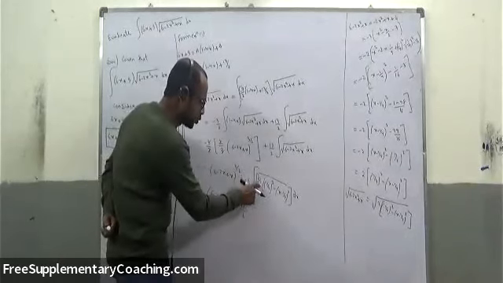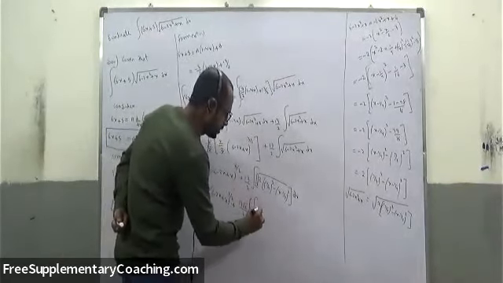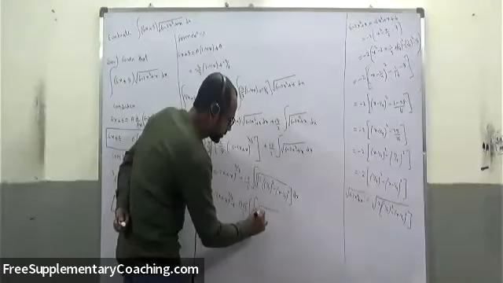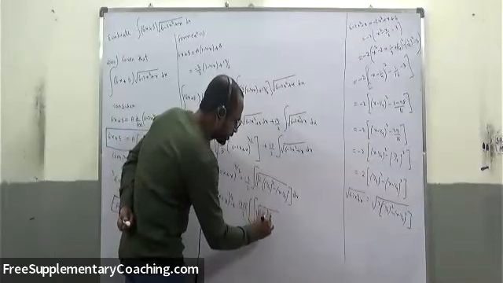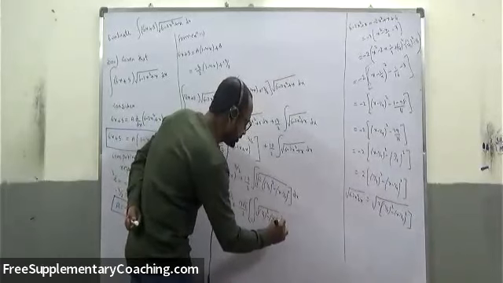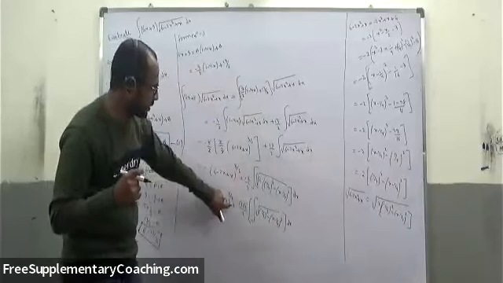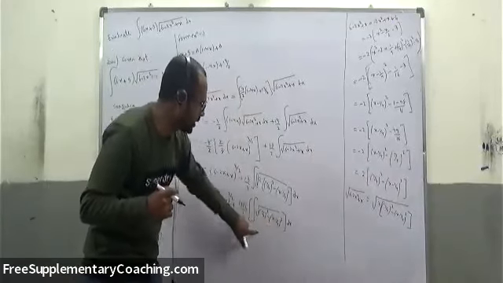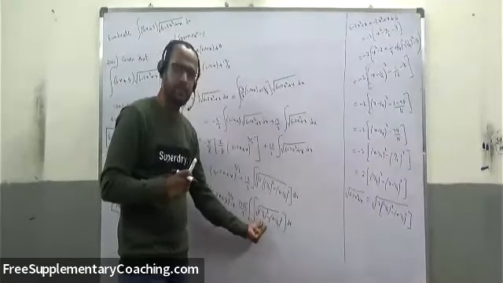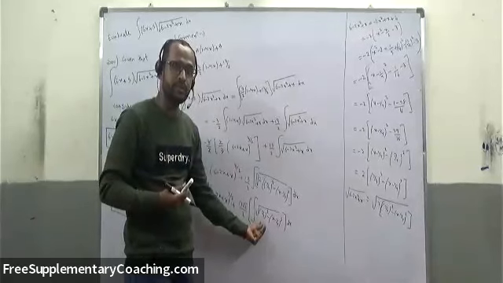I took this root 2 out and the remaining term is as it is: integral of root over 7 by 4 square minus x minus 1 by 4 square into dx. This 13 root 2 by 2 is for the complete term. Now, what is this formula? Integral root over a square minus x square is equal to what?